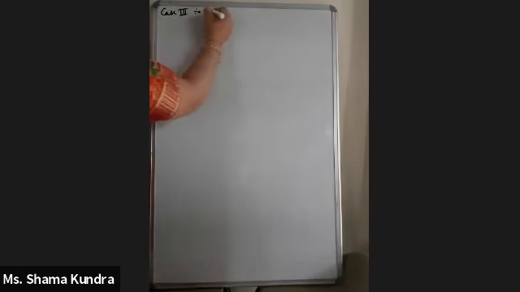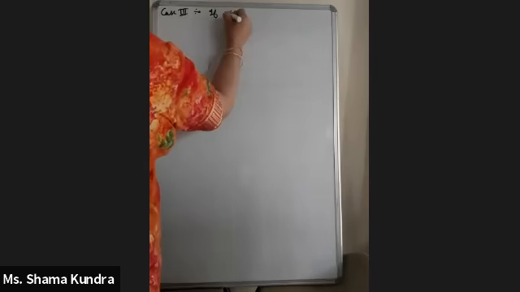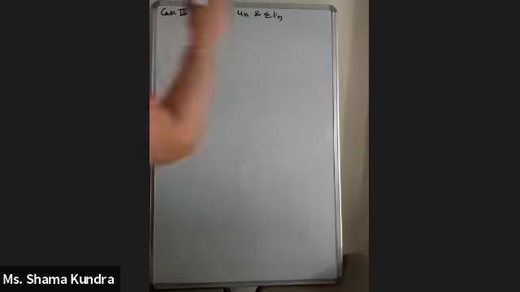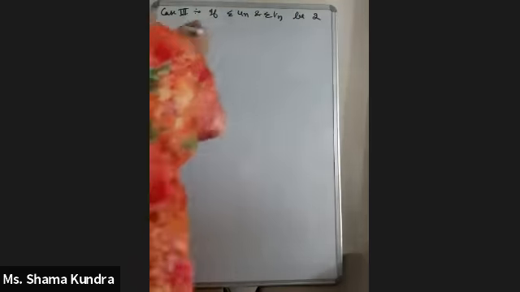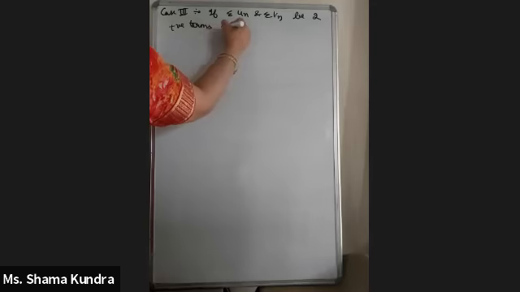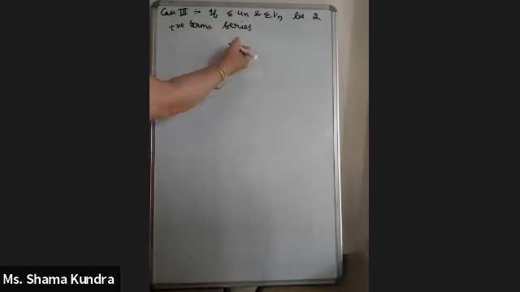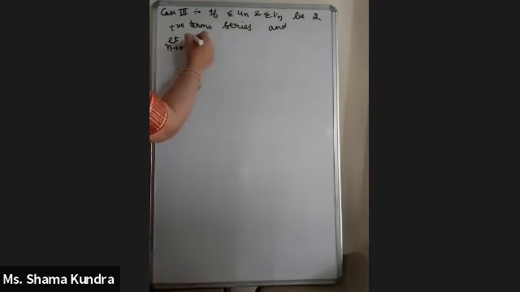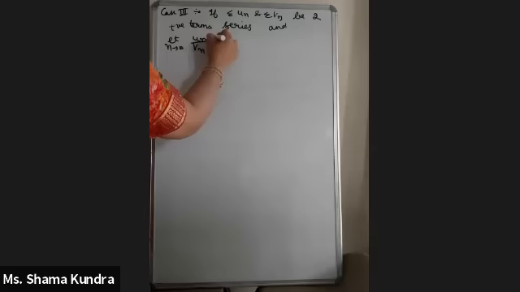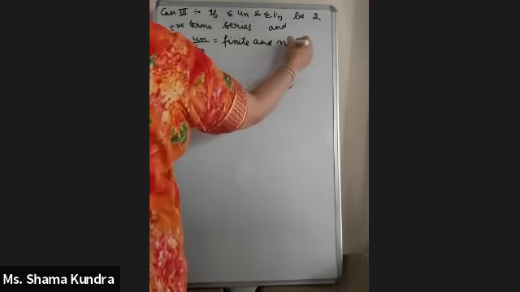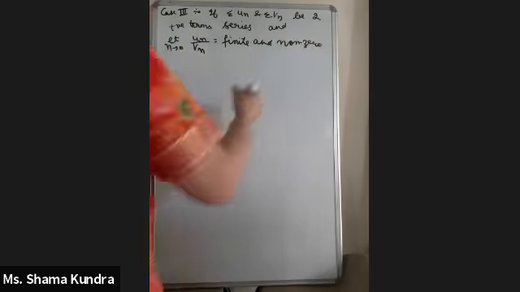In case number 3, if series Un and series Vn are two positive term series and limit n tends to infinity, Un over Vn is finite and non-zero.